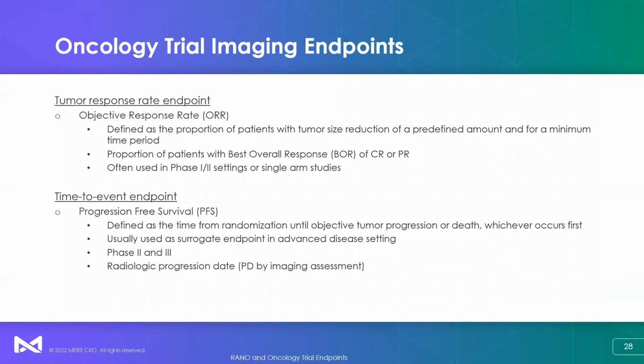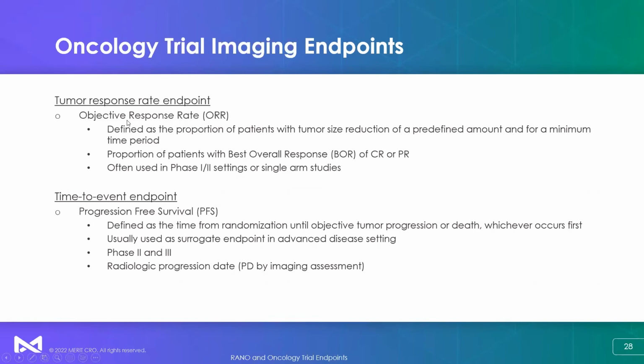Now, related to the imaging endpoints in RANO. Of course, overall survival is always the standard for many oncology clinical trials, and glioma or glioblastoma is one of them as well. But there are other imaging endpoints that can be used as a surrogate for overall survival.